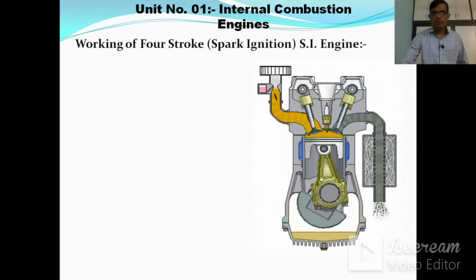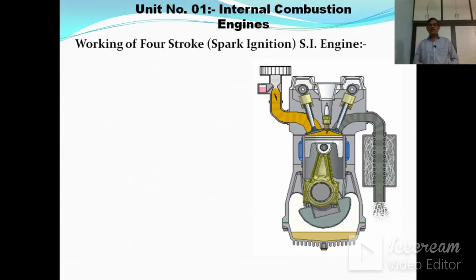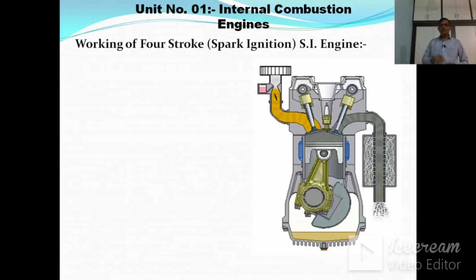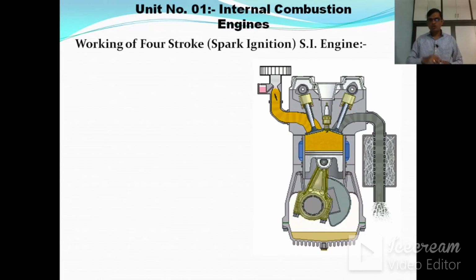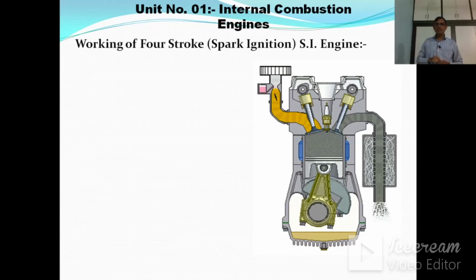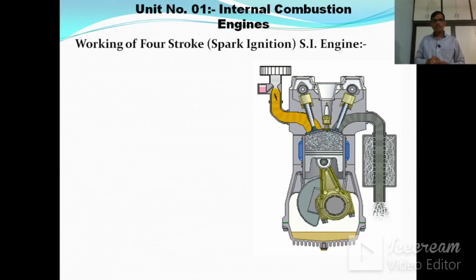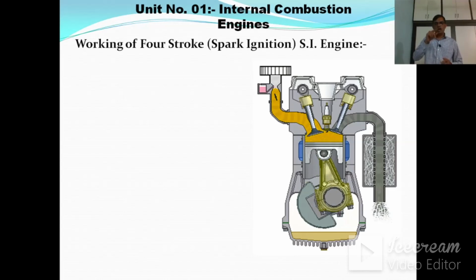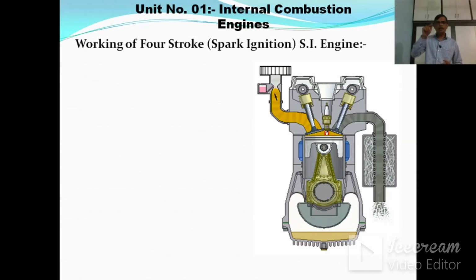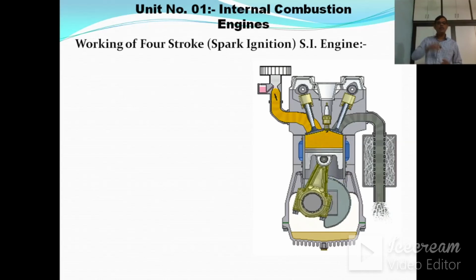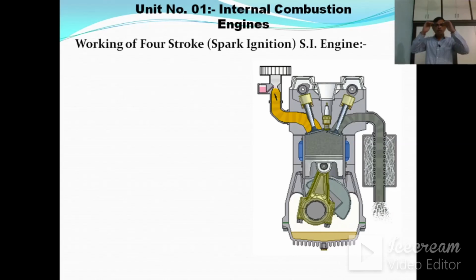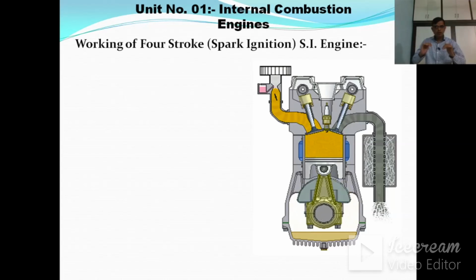Now we can see the actual animation. This is our first stroke, suction, and this is the second, compression. The orange color indicates our suction stroke. Suction occurs, after that compression. At the end of compression, the spark plug produces the spark and the gases burn, and these burnt gases apply pressure on the piston.